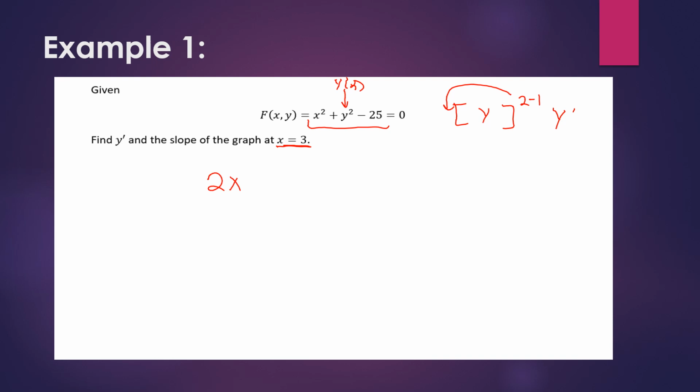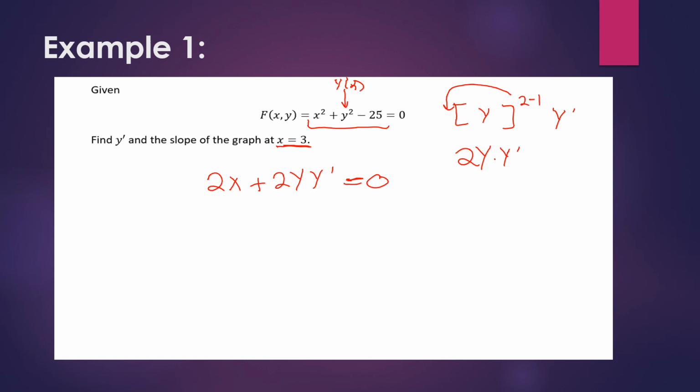So I would really get 2y y prime. So this is 2y y prime. And then the derivative of negative 25 is 0, and the derivative of 0 is 0. So I'm getting this here, 2x plus 2y y prime equals 0.